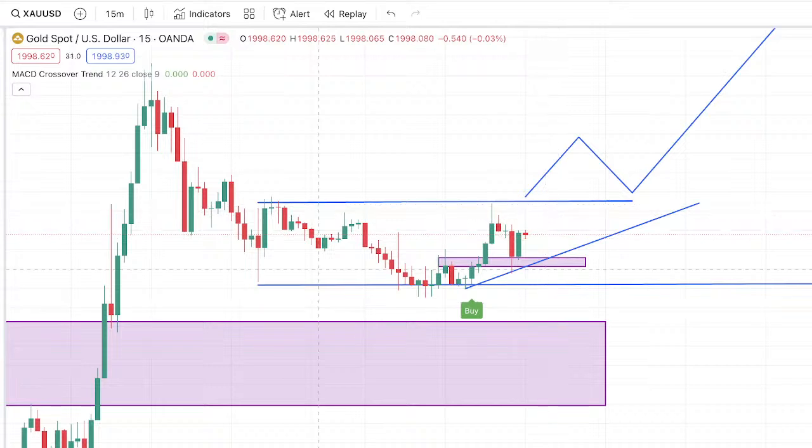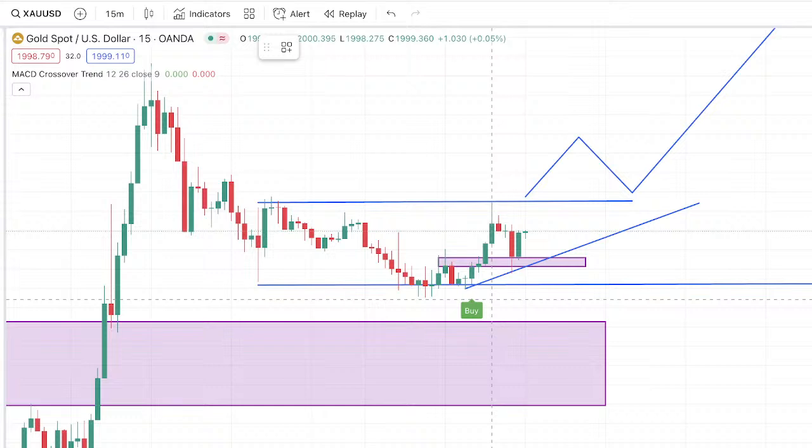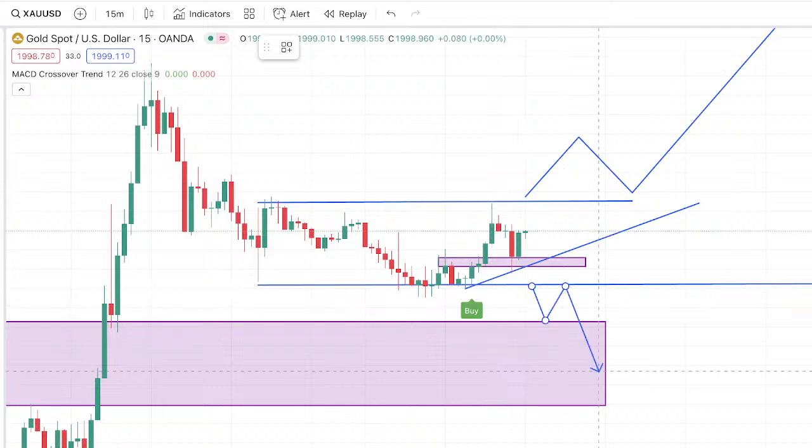Then if we go down, for me to be in the trade, what I have to see is that it breaks down this area, goes up to retest, and then down.